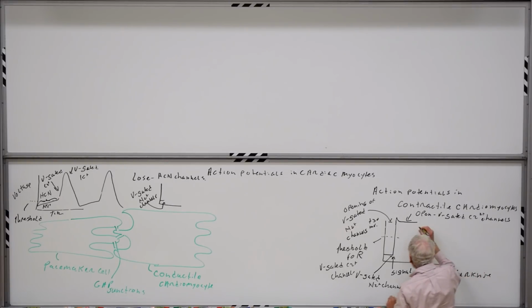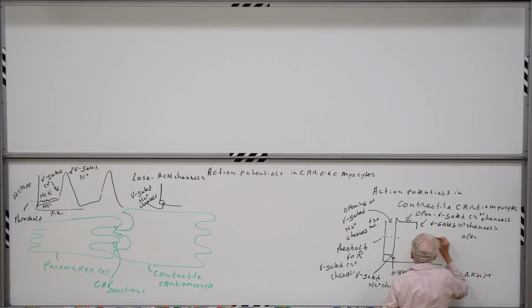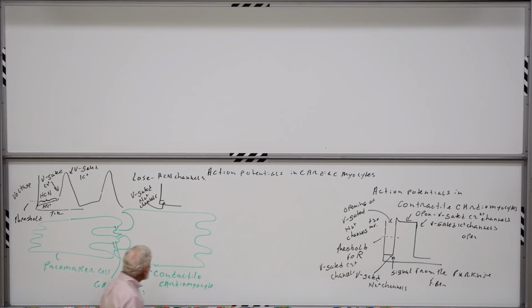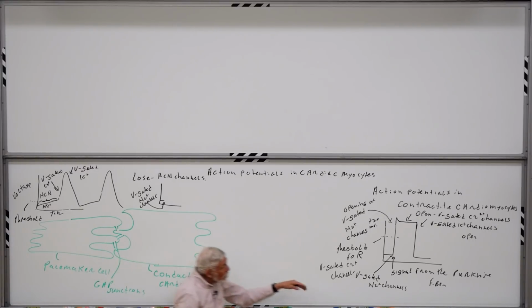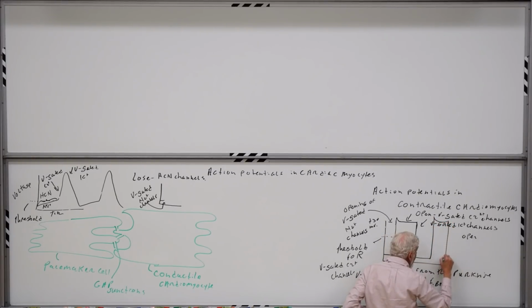And then at this point, the voltage-gated potassium channels open. And that repolarizes the membrane rapidly back down. And then we wait again for a little bit until the action potential in the Purkinje fiber arrives again to trigger the voltage-gated sodium channel and back down again.